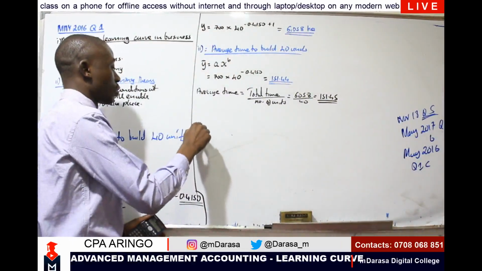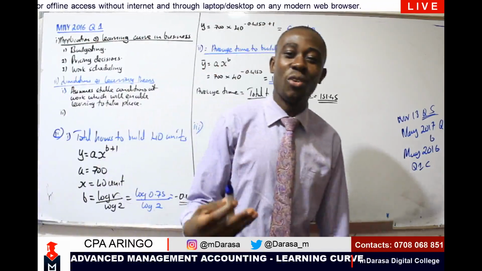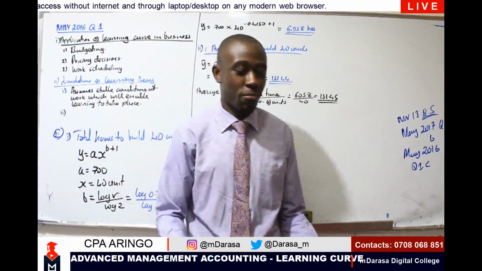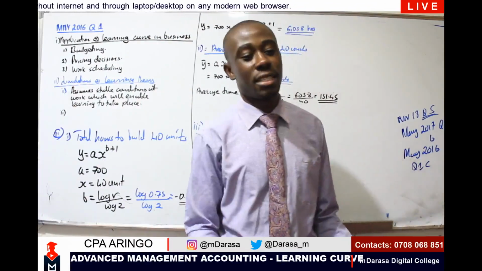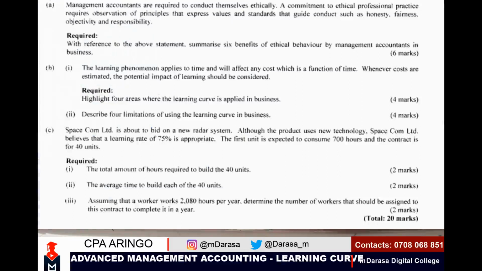What about part 3 of the question? I want you to see how simple and sweet the learning curve is, so long as you have the concept right. Part 3 of the question says, assuming that a worker works 80 hours per year, determine the number of workers that should be assigned this contract to complete it in a year.